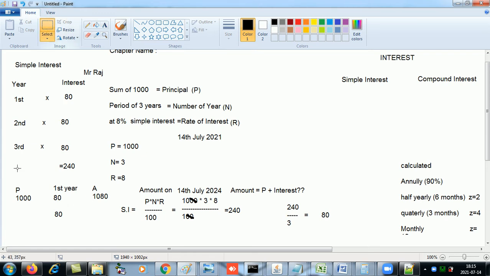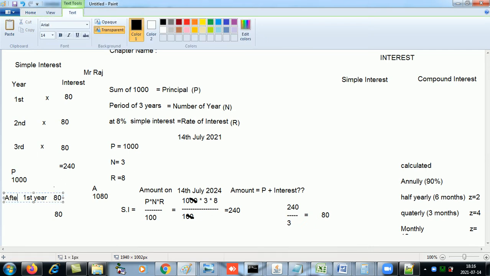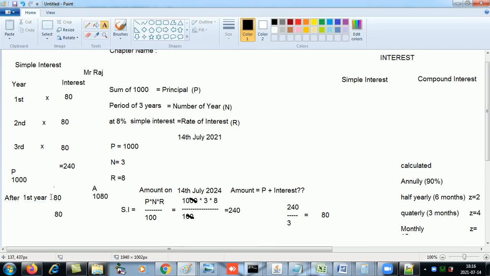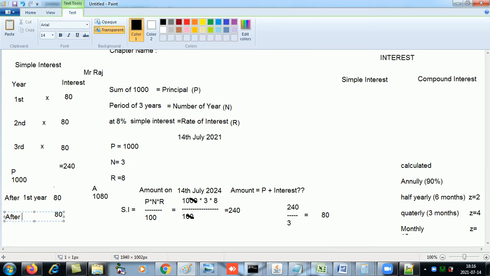Okay, this was the principal, right? So let's keep it up. So after the first year, so if I write over here, after first year, interest got added 80, amount became 1080. After second year, then how much interest got added? 80.